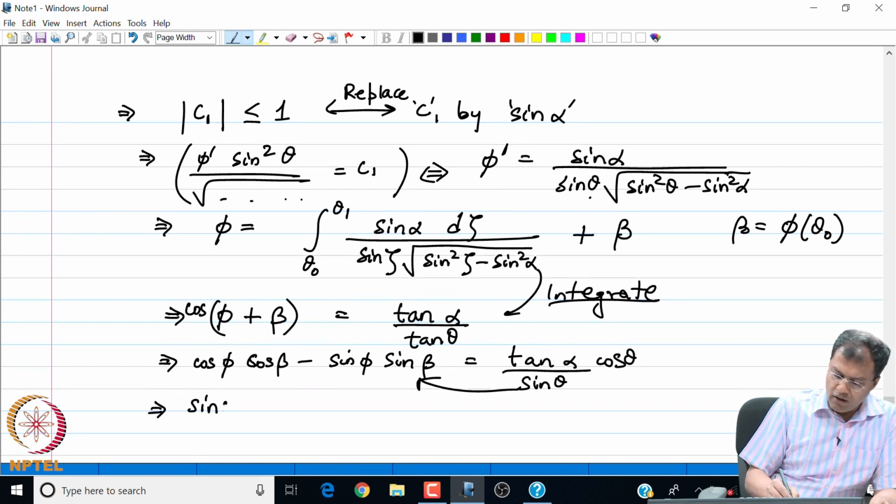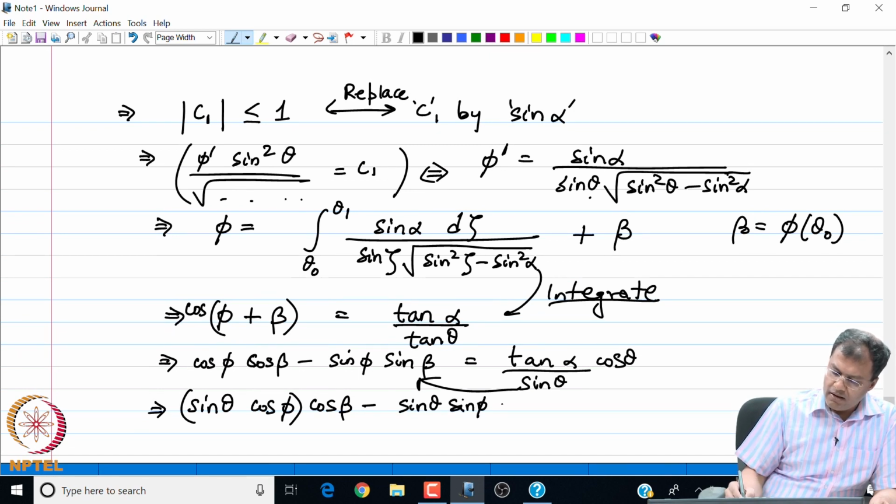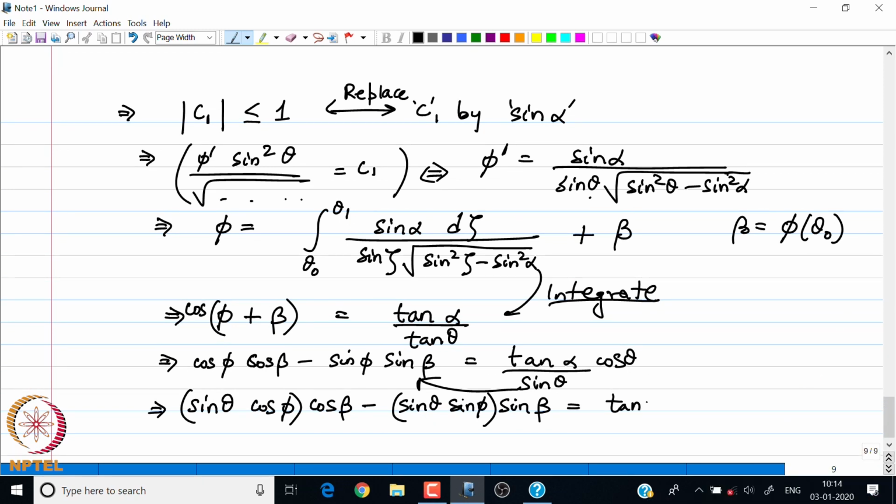I am going to very carefully write the left hand side. This is sin theta times cos phi times cos beta. Let me club these first two terms, minus sin theta times sin phi times sin beta. So, this is also equal to tan alpha cos theta.